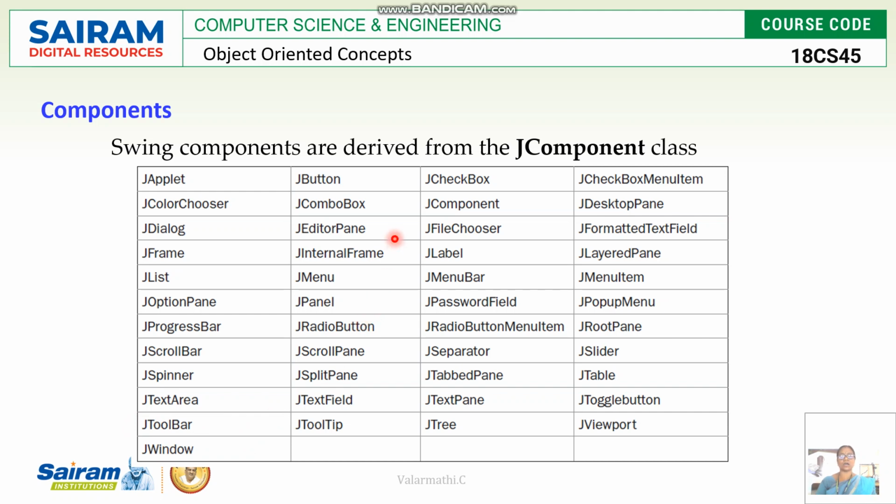Like that, all the Swing components are derived and designed. So every component starts with the prefix J here.